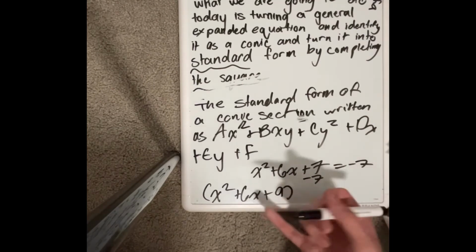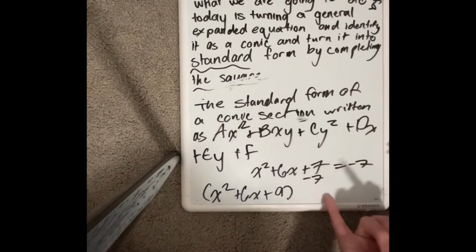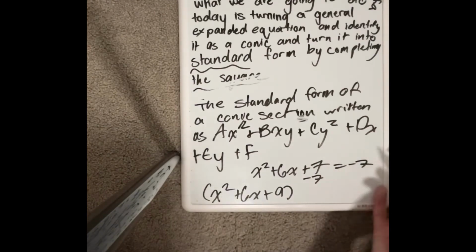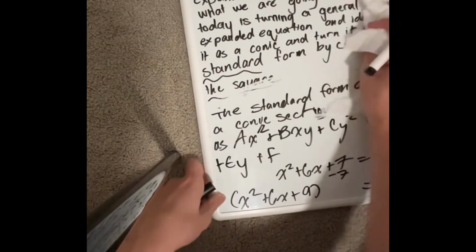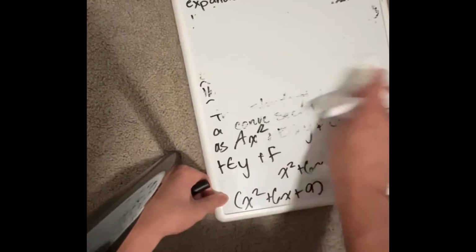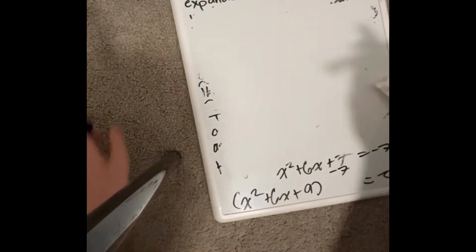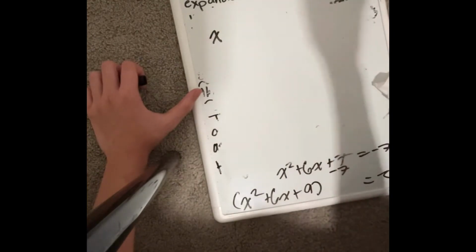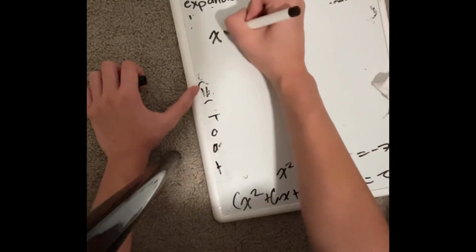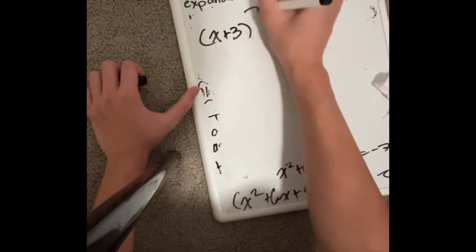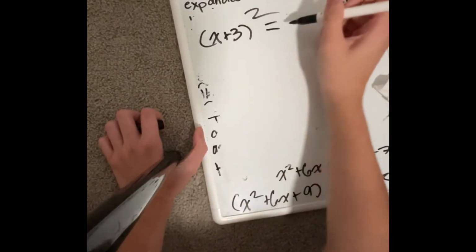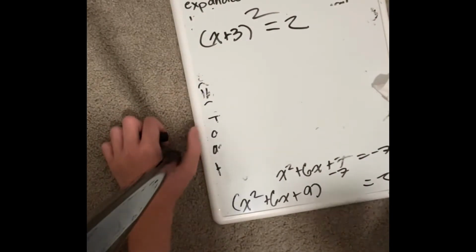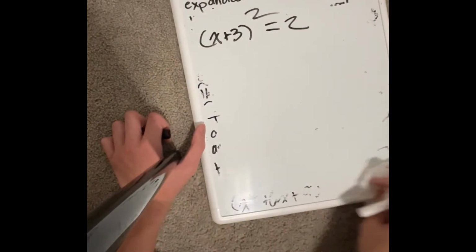Since we added a constant which was not part of the equation, we have to add it to both sides, and then we factor it as normal. That would be x plus 3 squared, and that is completing the square.